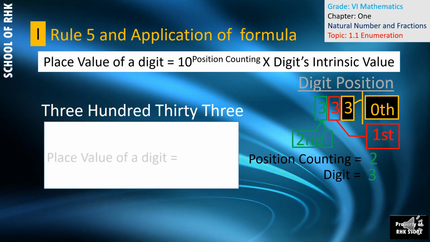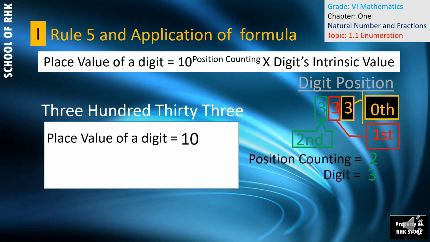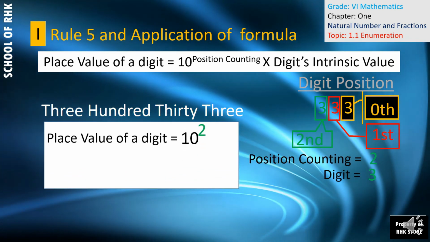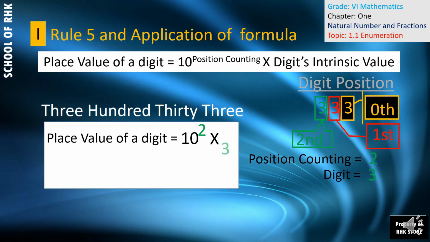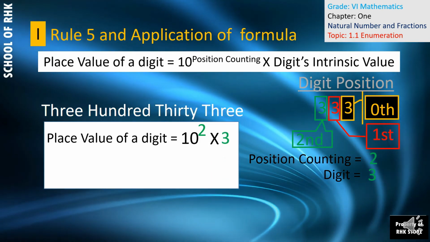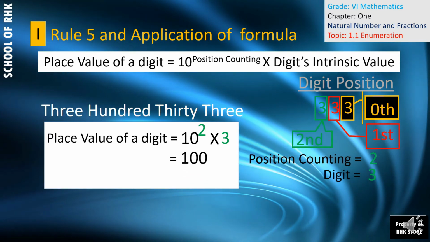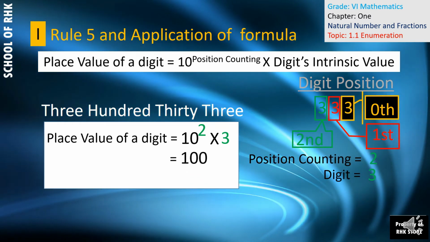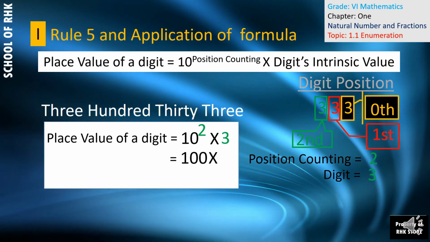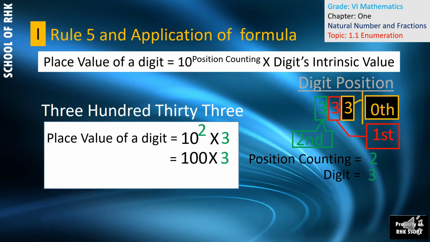So we can calculate 10 to the power 2 multiplied by 3. The value of 10 to the power 2 is 100. So we multiply 100 by 3 and we get 300.